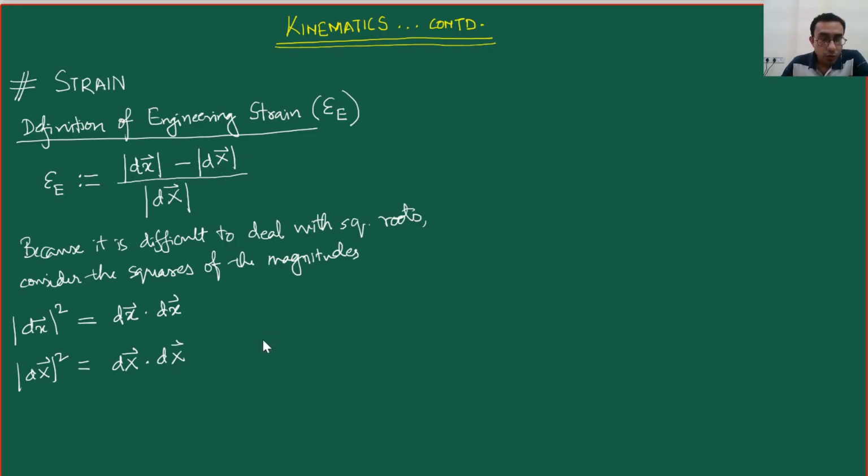Alright, so in order to obtain some kind of a nice expression involving this engineering strain, we'll begin our mathematical manipulations starting from this one, the square of the magnitude of the d small x vector.